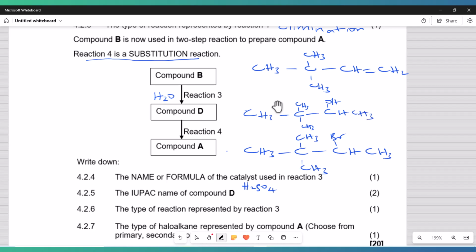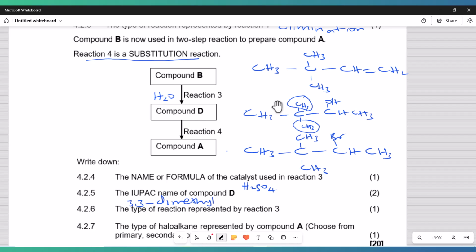I'm going to say it's carbon number 1, 2, 3, 4. So now I want a name for the compound. We've got this methyl here, another methyl here, so I'm going to say 3,3-dimethyl.